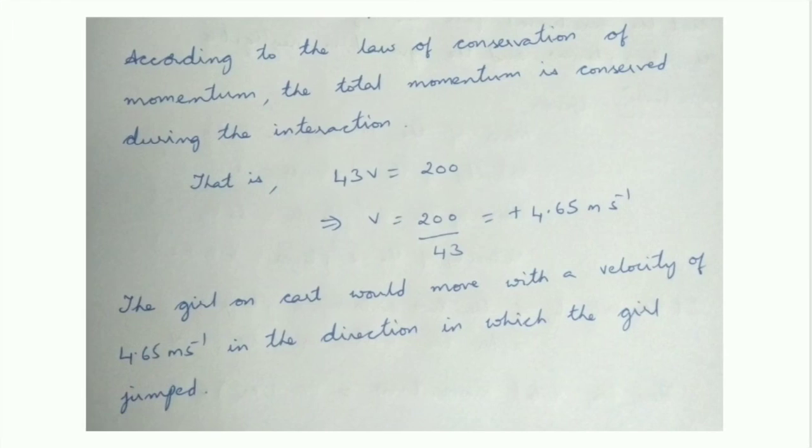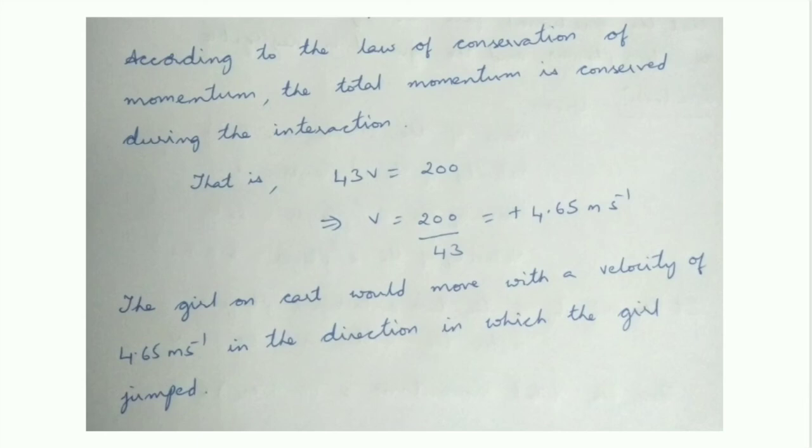According to the law of conservation of momentum, the total momentum is conserved during the interaction. Here conserved means constant. That means the total momenta before and after the jump are the same. That is 43v equal to 200.